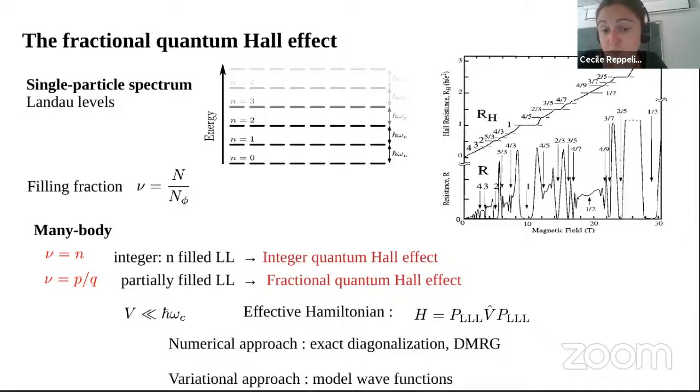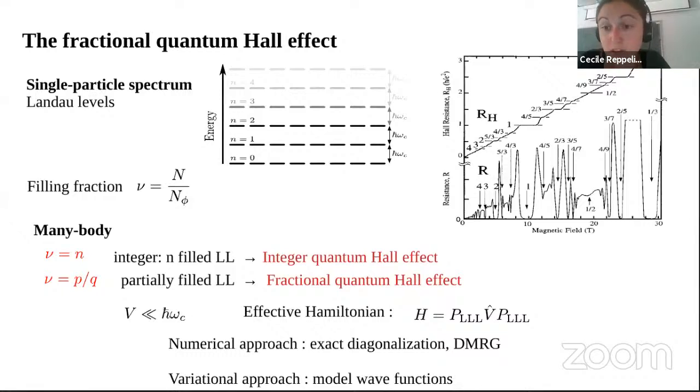The other one is variational, using model wave functions. What I think is very unique about the fractional quantum Hall effect is that you have model wave functions that have no variational parameters and are quite simple, yet capture extremely well the low-energy physics of the fractional quantum Hall effect.